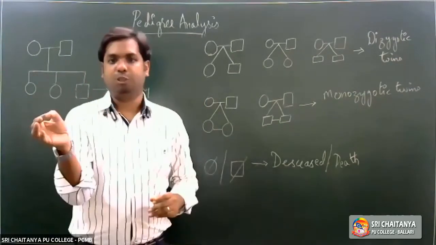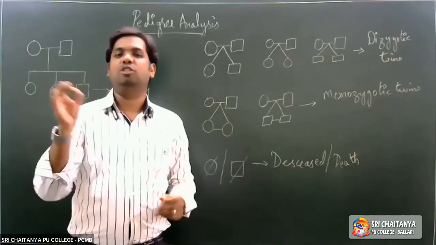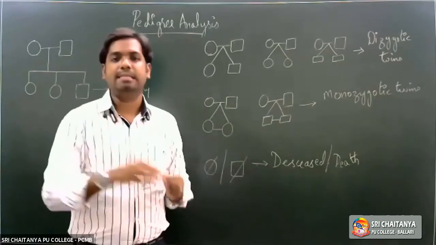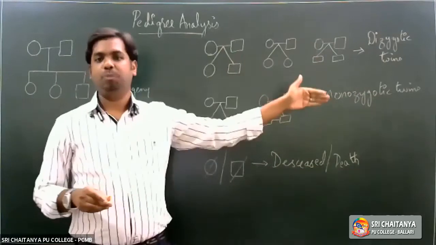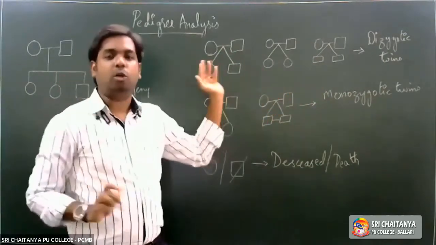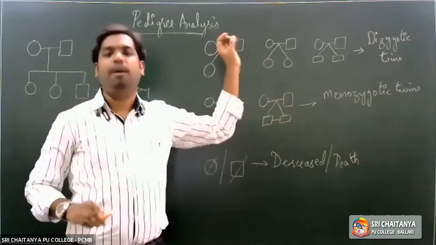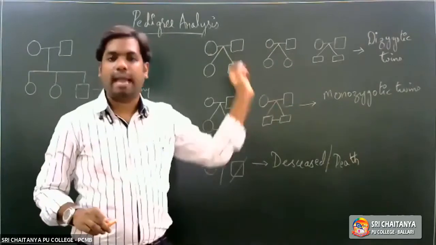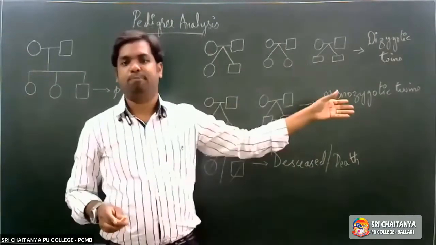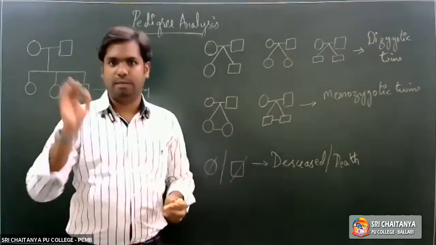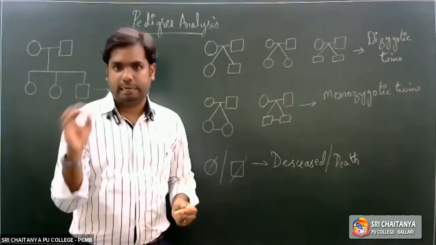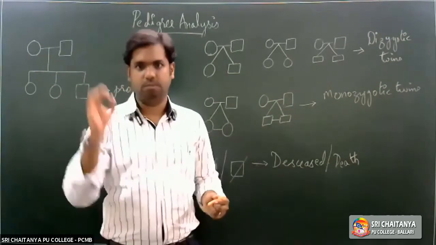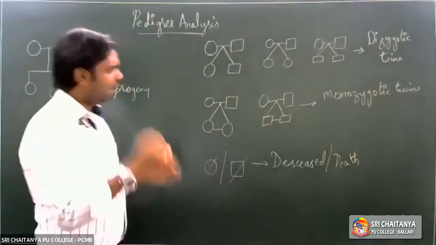If that is the condition, we represent it as a heterozygous condition. More precisely, we call them carriers for a particular disease or a particular character. So remember, whenever we use the term carrier, we are indicating that it is a heterozygous condition, right?